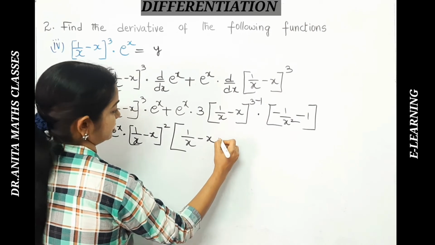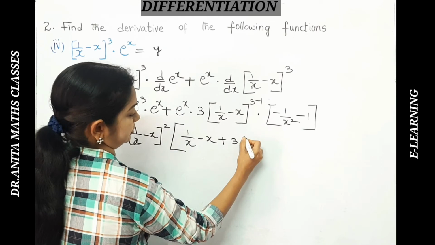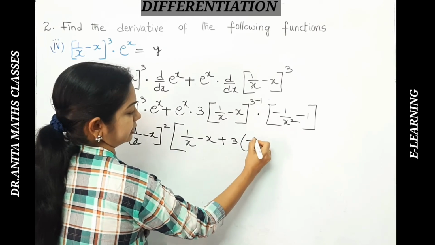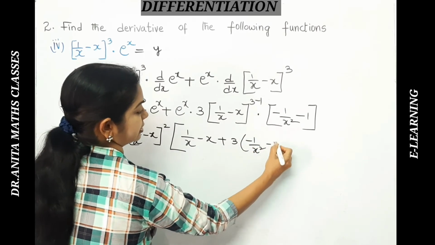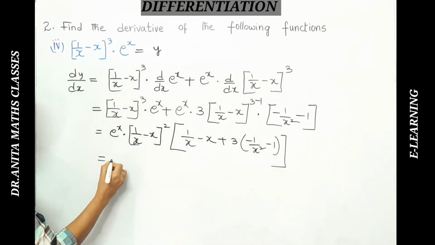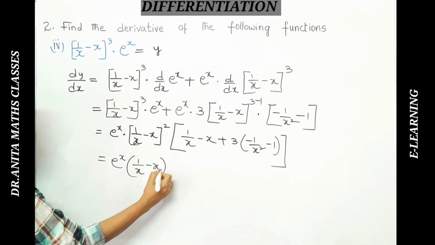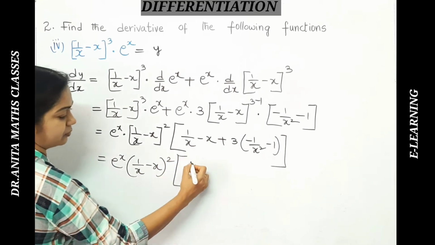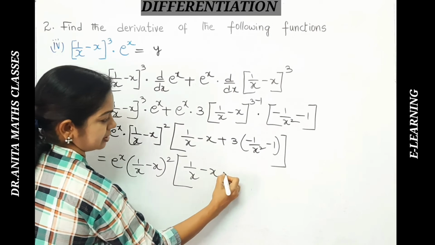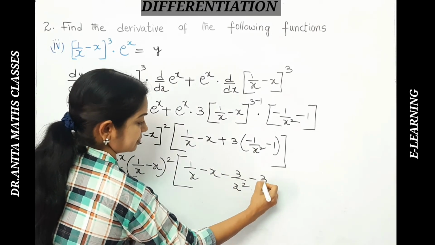So that means plus 3 into here minus 1 by x square minus 1. So this part is remained here. We can further simplify. So 1 by x minus x whole square. Here if you go, 1 by x minus 3 by x square minus 3.